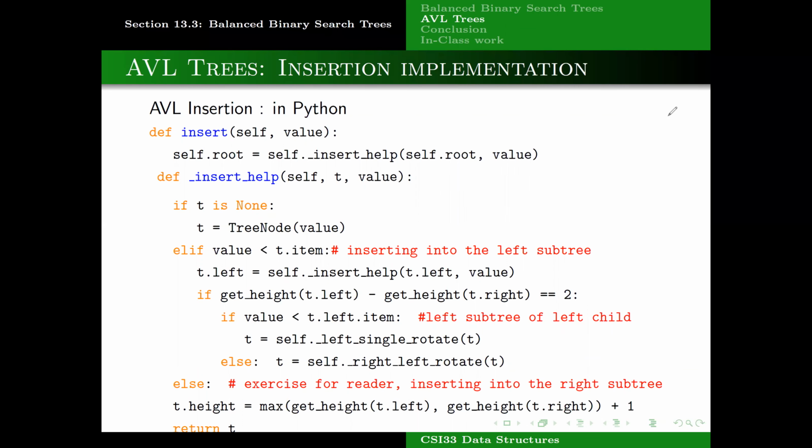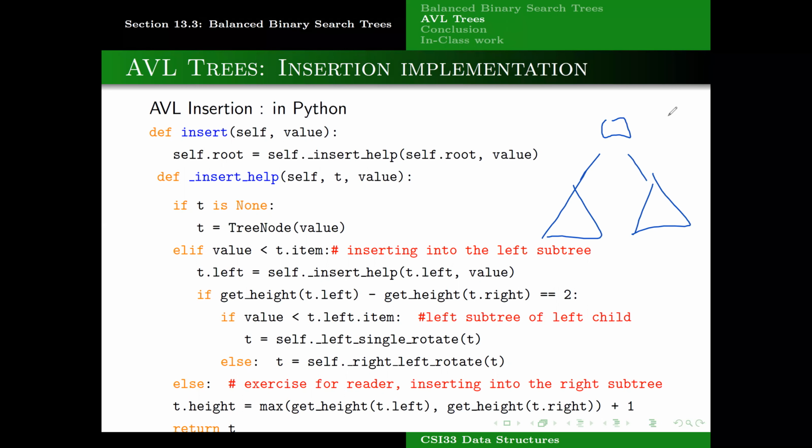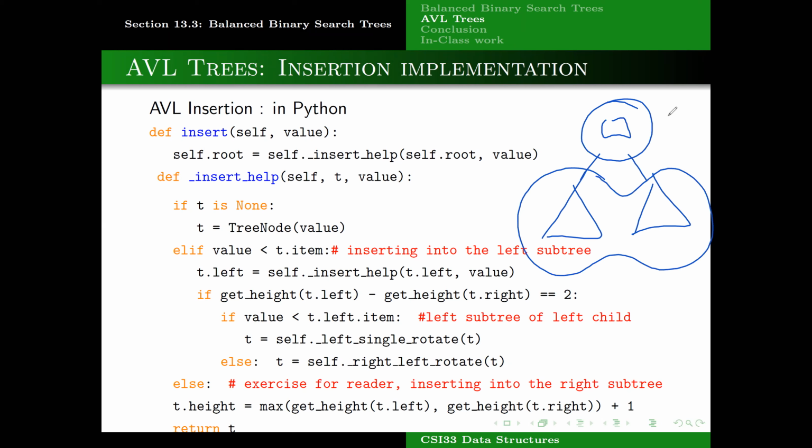Okay, so we are at this node and we did some work. So we did something here, we did something here. So now when we update the height of this node, we get the maximum of these heights and then plus 1. And plus 1 is for this step, either to the left or to the right. That's why we have the plus 1.